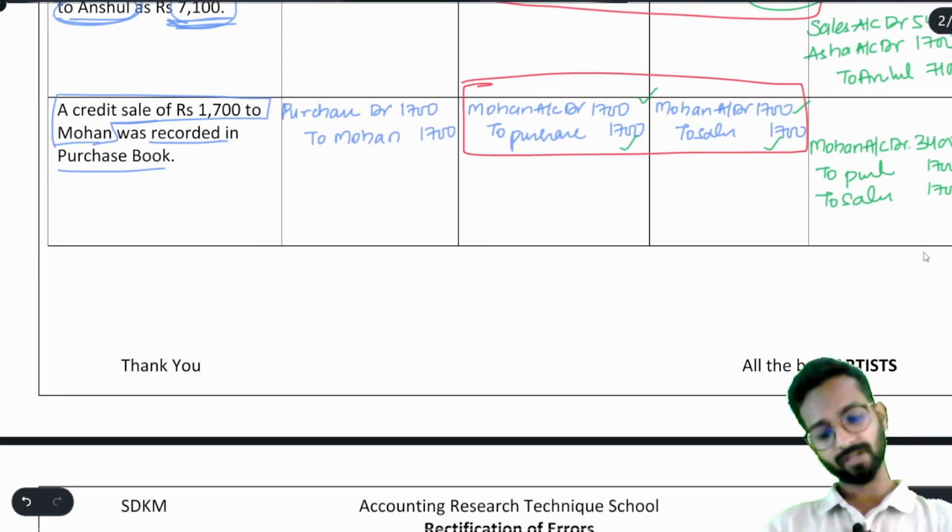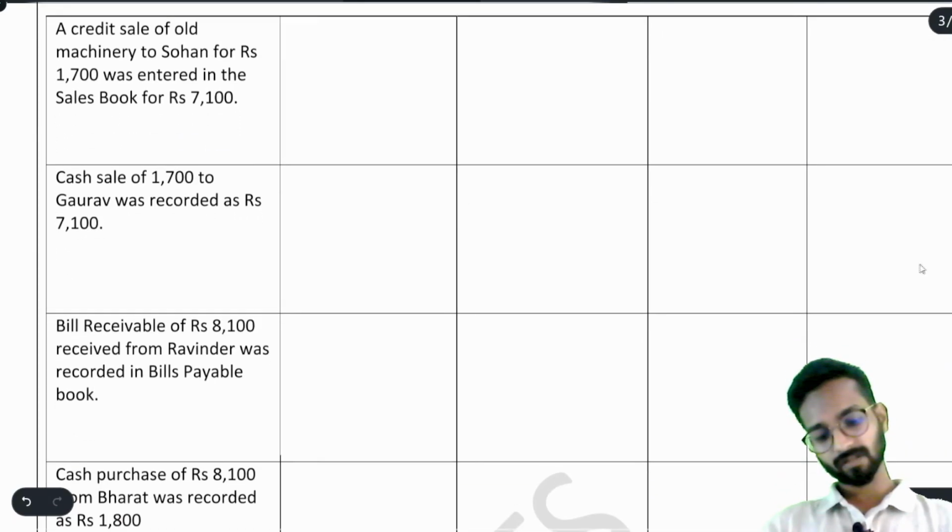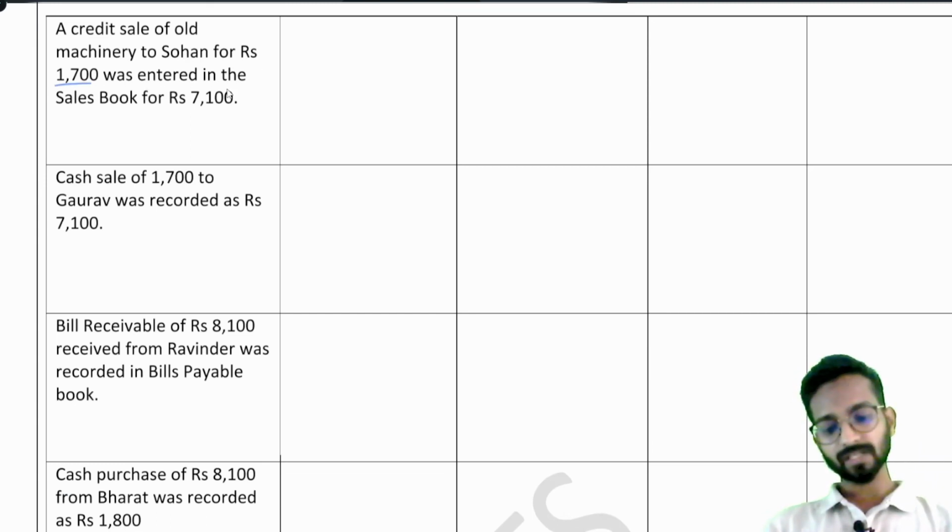You know that. Okay. Now see, the next question we have here is, a credit sale of old machine to Sohan for rupees 1700 was entered in the sales book for rupees 7,100. See, what mistake we have done, please understand. A credit sale of machine was given, but we entered in the sales book.